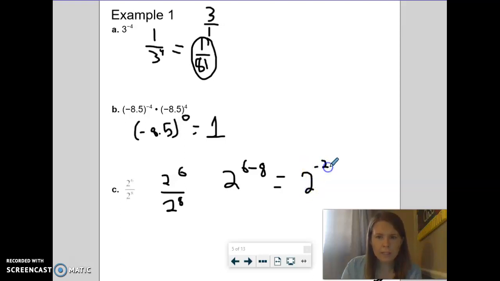We never leave it as 2 to the negative 2. Every time you see a negative exponent, you need to bring it to the bottom of that fraction, to the denominator. So you're going to use the reciprocal and bring it down there. Because it's 2 as your base, it's going to be 2 out of 1. You flip it, so you're going to have 1/2.